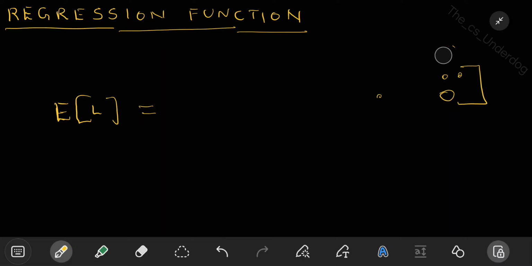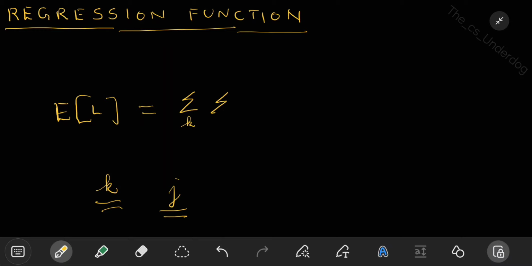So first I'll just write the equation that we had in the classification lecture so that you can recall it. We said if k is the true class and j is the assigned class, in that case, how do you find the expected loss? You have to sum over all values of k, all values of j, right?